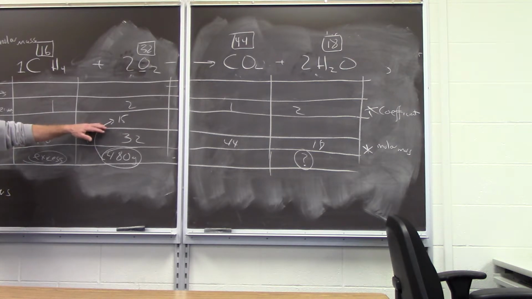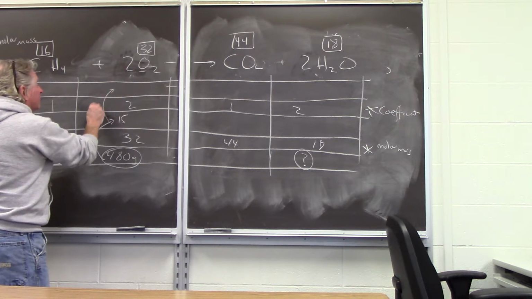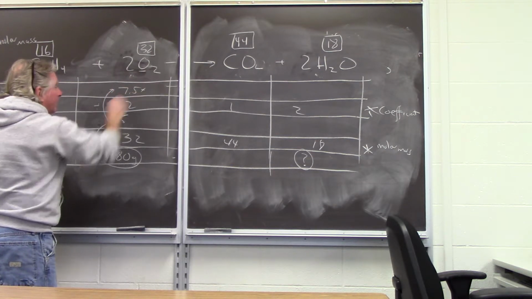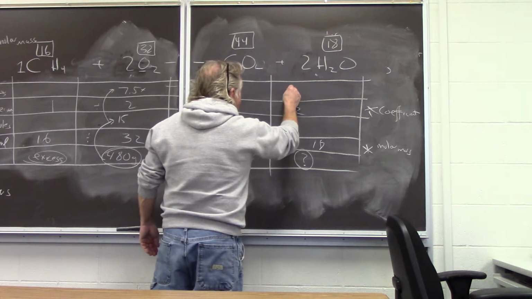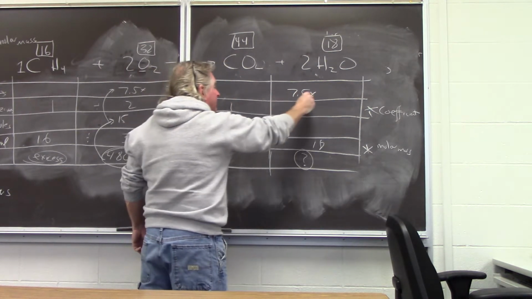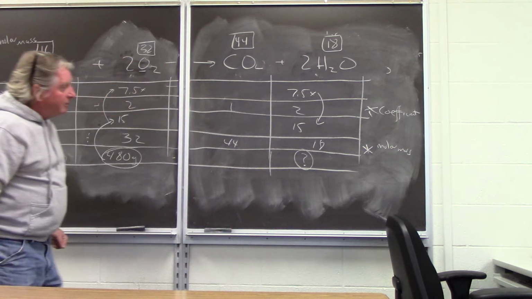Okay, every time you do this reaction, you need 2 moles. If you have 15, all you can do is 7.5 times. So you divide the 15 up into groups of 2, you get 7.5 times. All right, come over here. Bring the 7.5 over here. And what you got now is you're gonna make 15 moles.